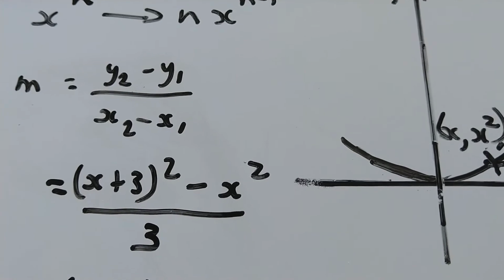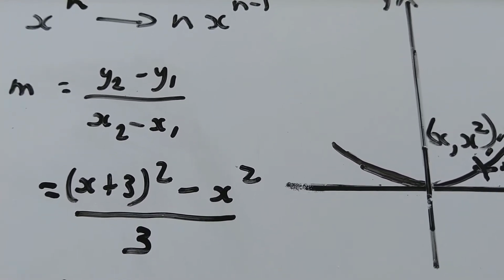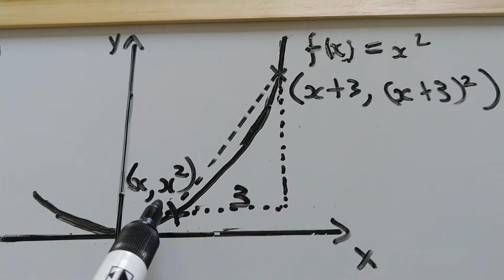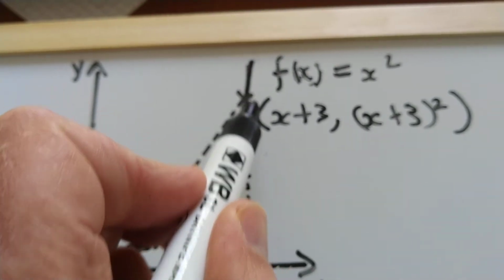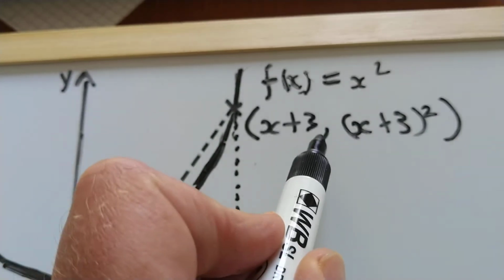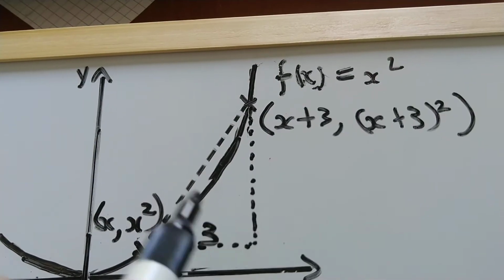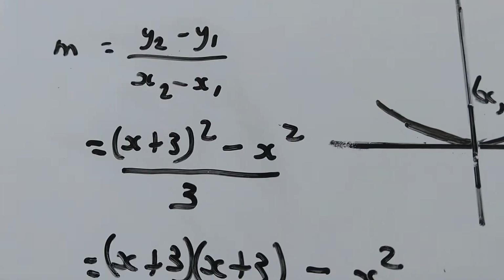Well, let's consider the general form. What if I was not 3 units further along, but I was h units further along? So my first point here is x, and my second point up here, the x coordinate is x plus h, the first x coordinate plus h further along. What happens to my formula then?